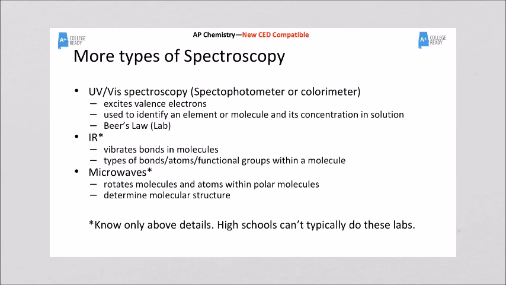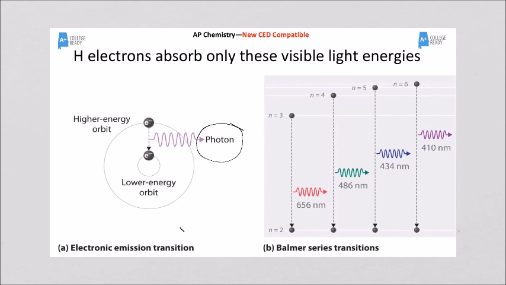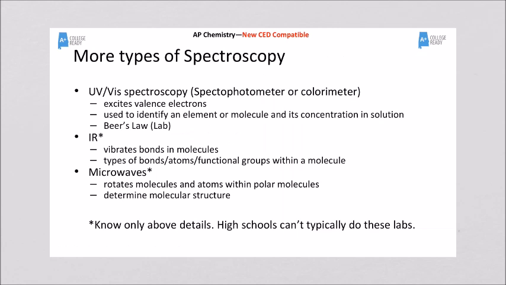So all of this is to say that we can tell which elements are present using this, and it explains this connection of where electrons are located, the excitement of electrons, and then moving to a ground state.